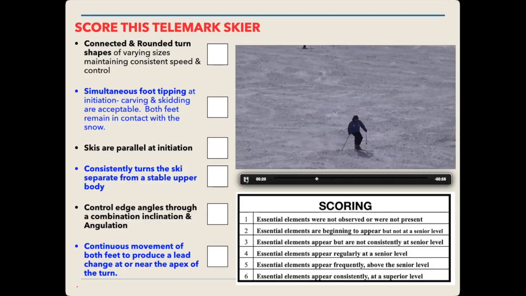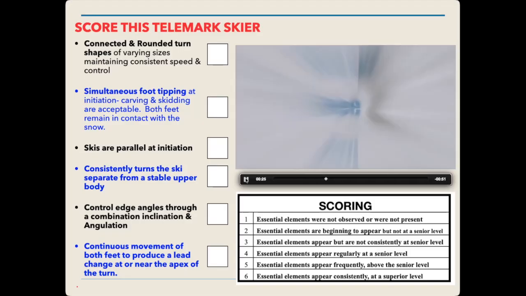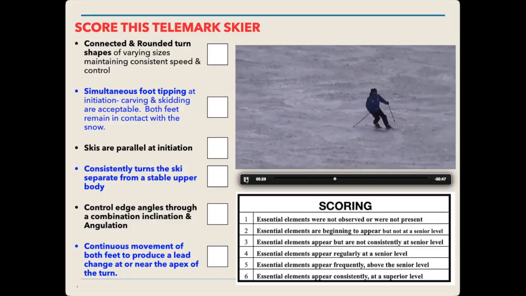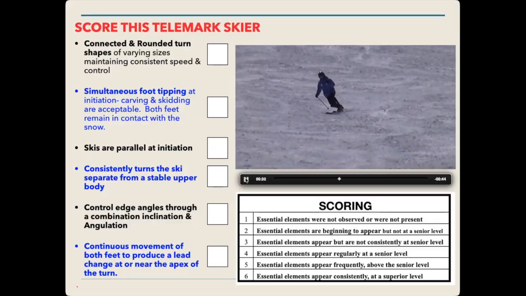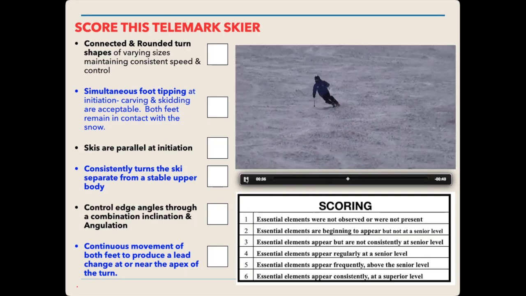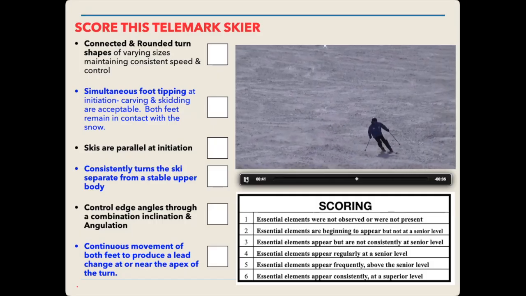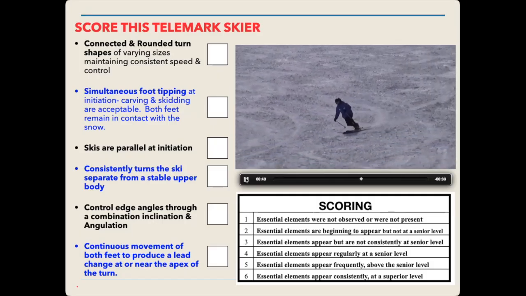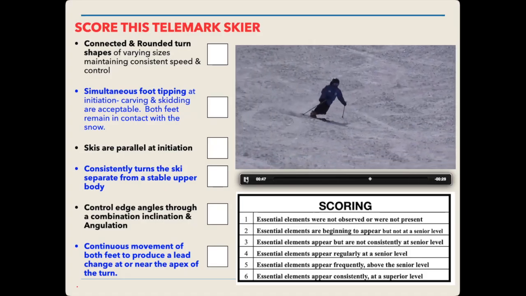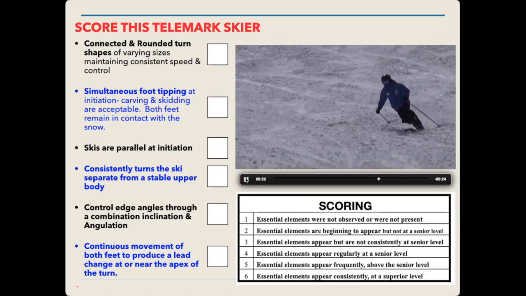Again, I would have this at a 5, primarily because of the variable snow conditions, but I think they exhibit a lot of stability and good turning with the feet and legs. Eric? Yeah, I agree. I also scored that a 4, basically for the same reasons. Okay, thank you.